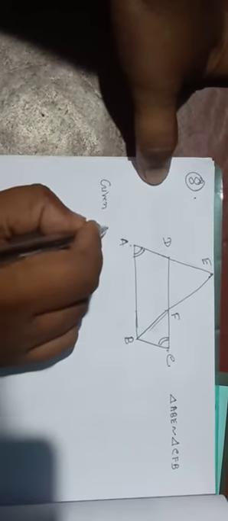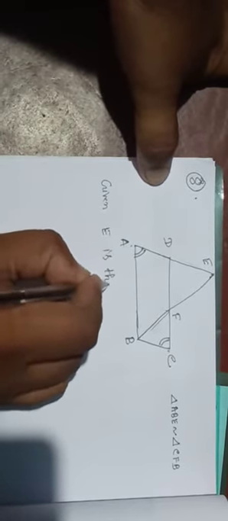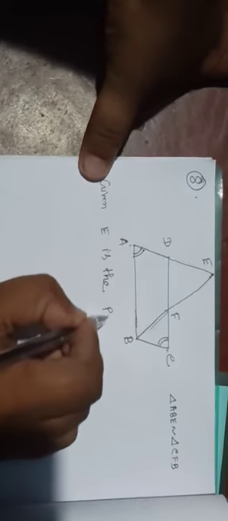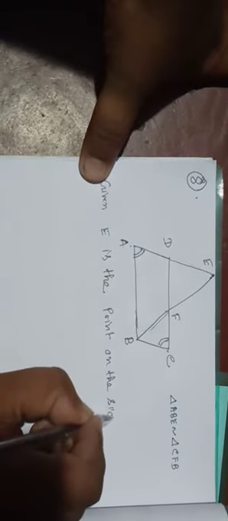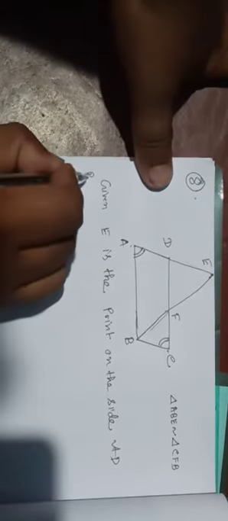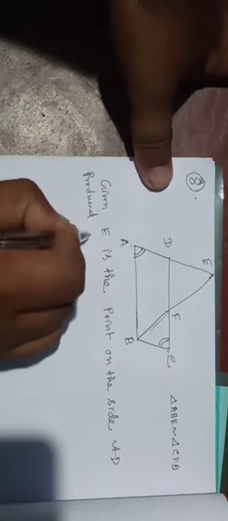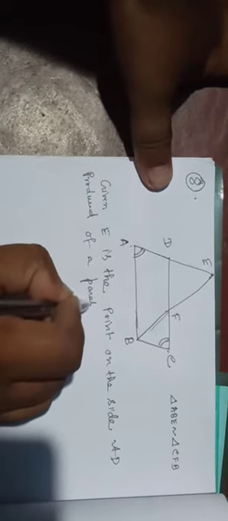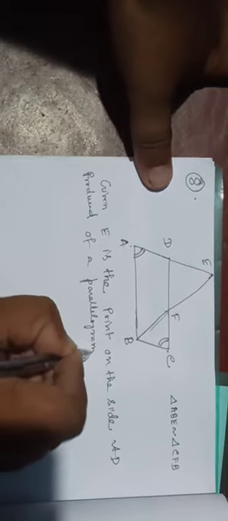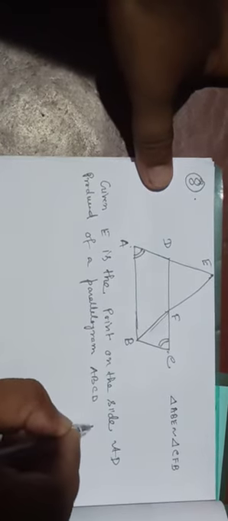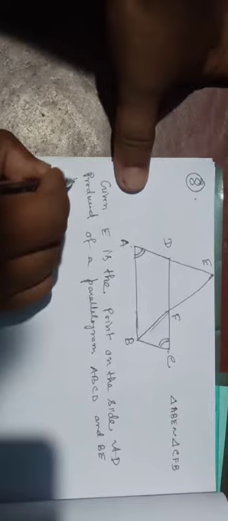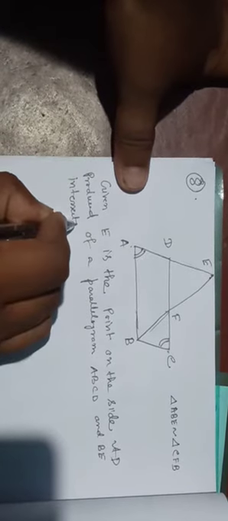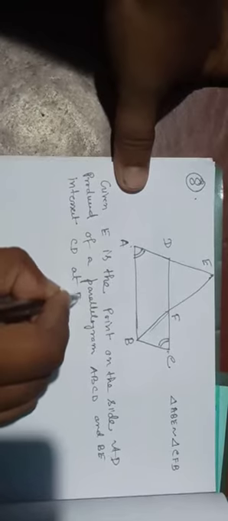It is given that E is a point on the side AD produced of a parallelogram ABCD, and BE intersects CD at F.